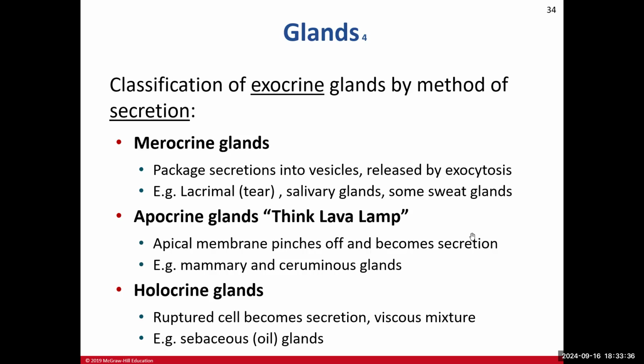Apocrine glands release things through exocytosis, but at the same time the cell blows its top, causing the apical surface of the plasma membrane to blow off. And our holocrine glands make stuff, but then just blow themselves up, and all of that is the secretion, as we see here. This will have a thicker mixture in that secretion because it has cell fragments and whatever was being secreted.